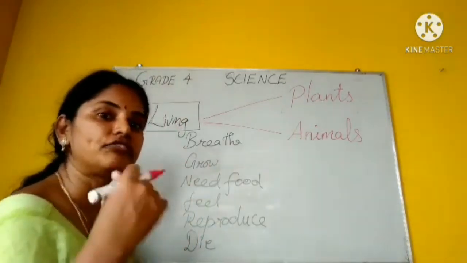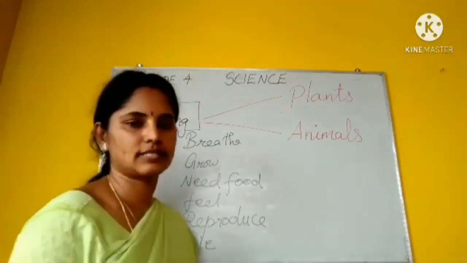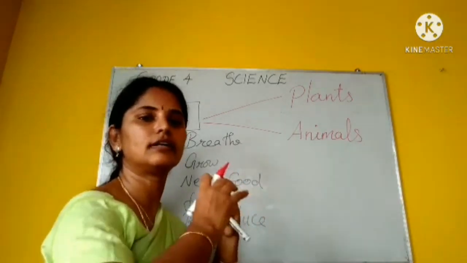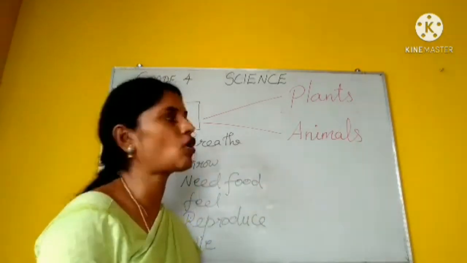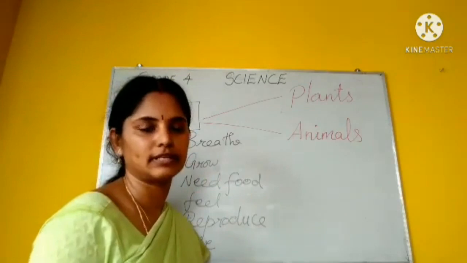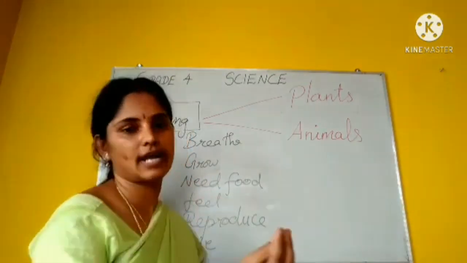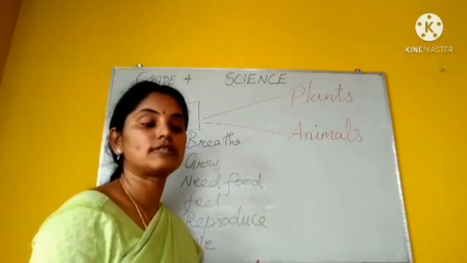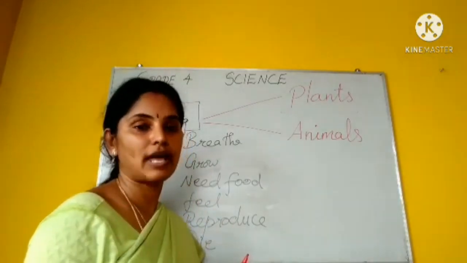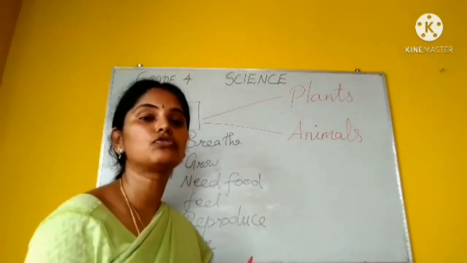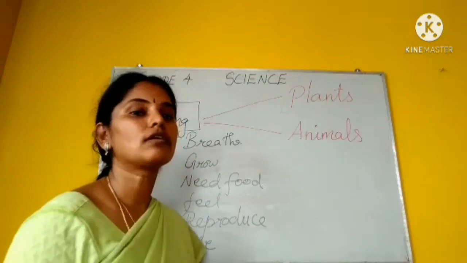So what is around us? There are different kinds of plants. If we take the simple word plants, it's not such a simple thing. There are different kinds of plants. To see the different kinds of plants, now we are going to visit a small garden.